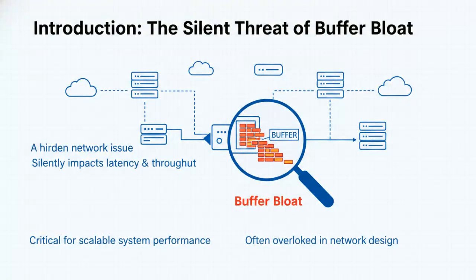Another factor is overly generous buffer sizing by device manufacturers, often to prevent packet loss under stress tests, but without considering latency implications. Lastly, heterogeneous network speeds can contribute. Imagine a fast Wi-Fi network feeding into a slower DSL line. The faster network can quickly overwhelm the slower link's buffer.